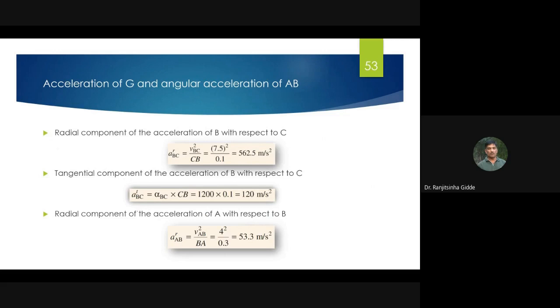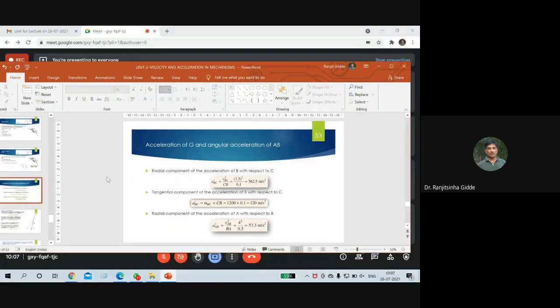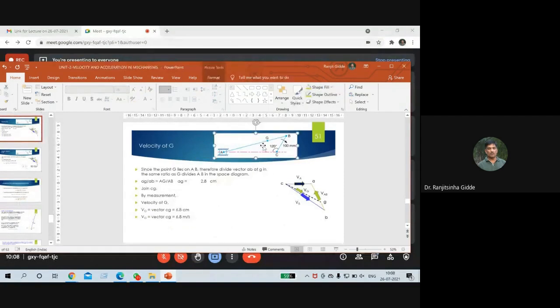Okay. Next line you can write acceleration of G and angular acceleration of AB.